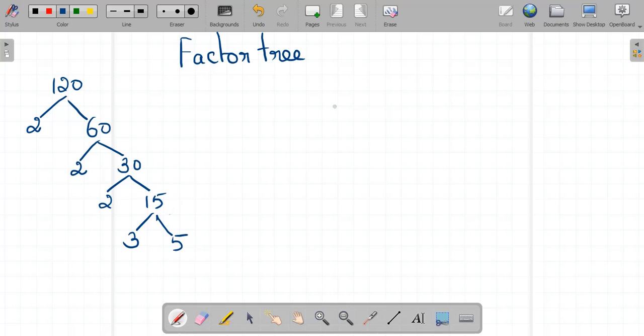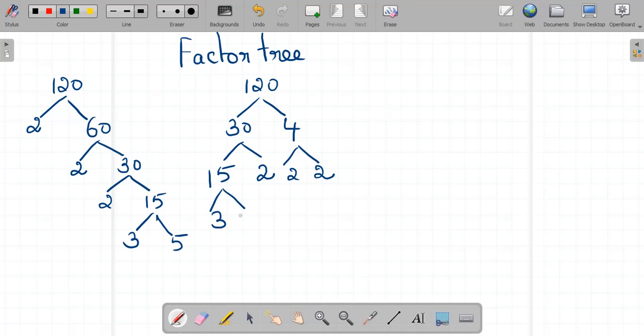The same 120 I can also write in another fashion, for example 30 times 4 is 120. Again I end up giving this as 15 times 2, and the 4 becomes 2 and 2, and now this 15 becomes 3 and 5.